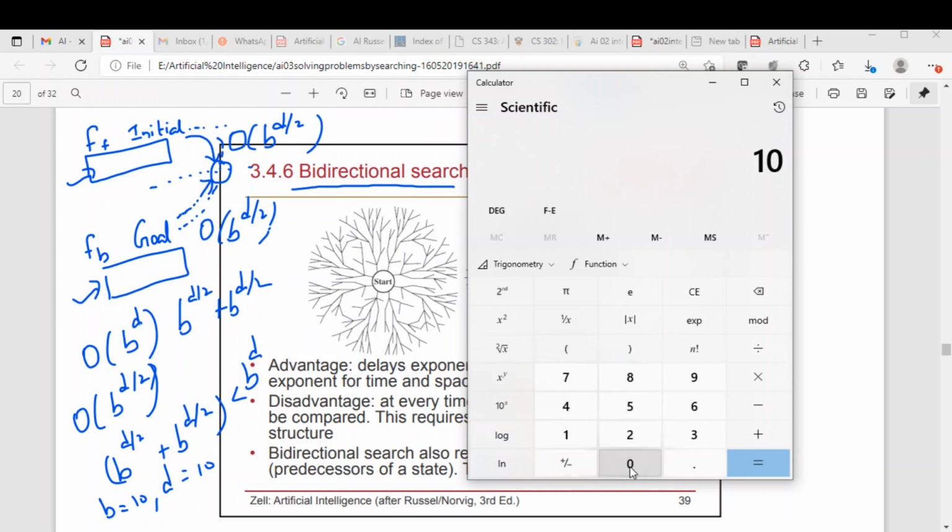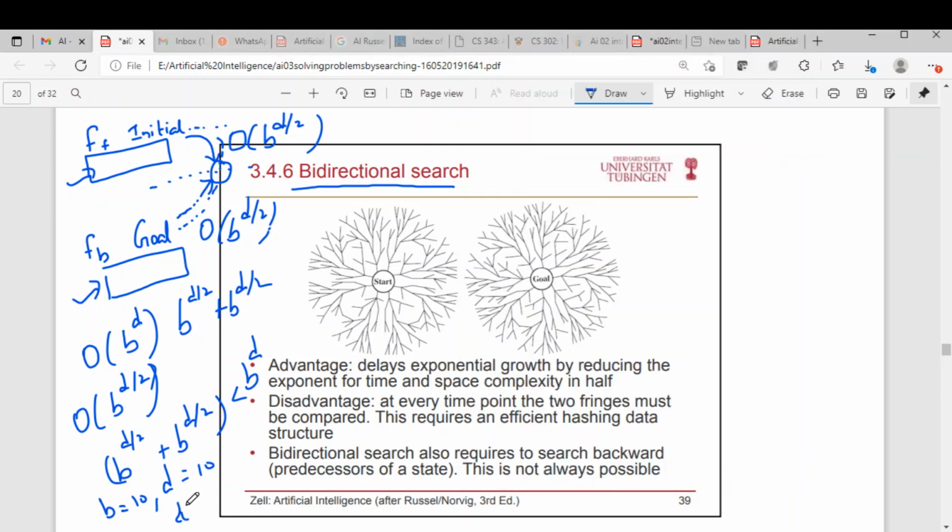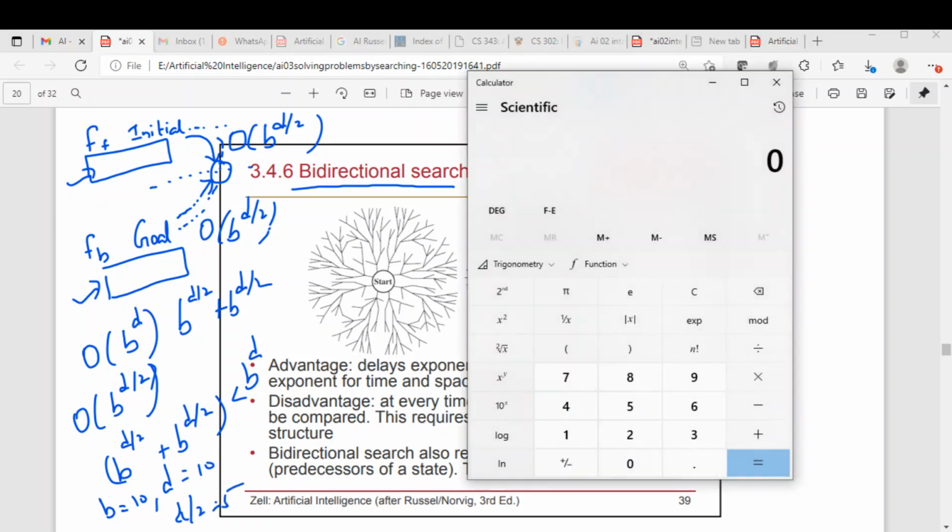It is 10 to the power 10, which is 10 followed by nine zeros. But what is b to the power d by 2 plus b to the power d by 2? Now d by 2 becomes 5, so it is 10 to the power 5 plus 10 to the power 5.